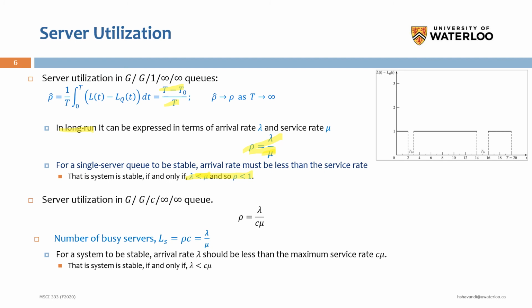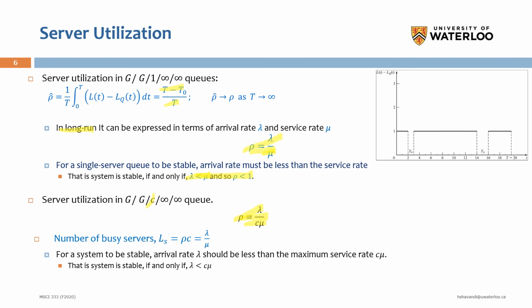and so the system is not stable, right? And if we have more than one server in the system, let's say we have C servers, then rho will be lambda divided by C mu. The service rate for each server is mu, so if you multiply C by mu, that will be the total service rate.